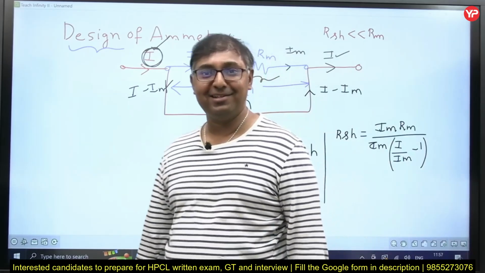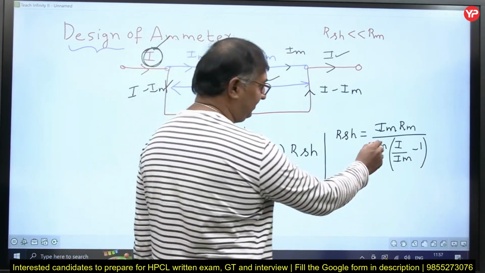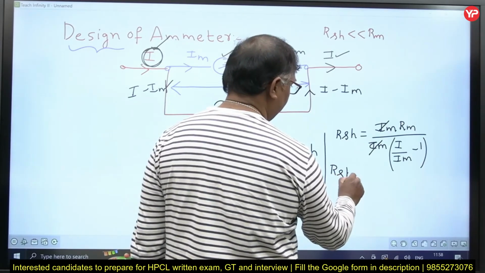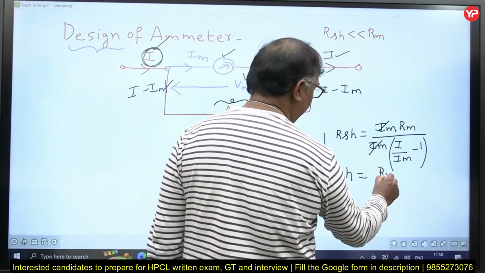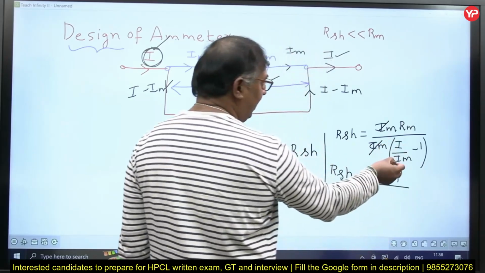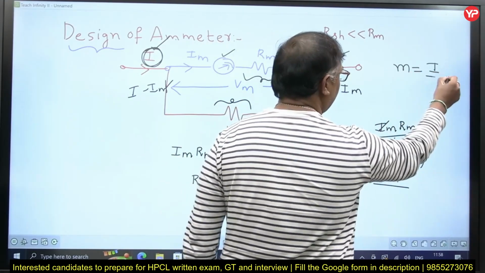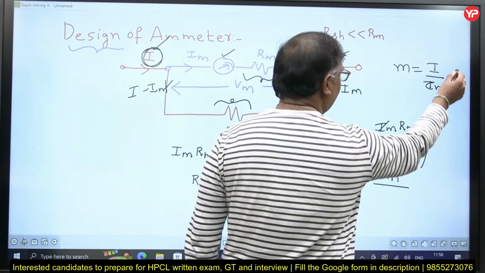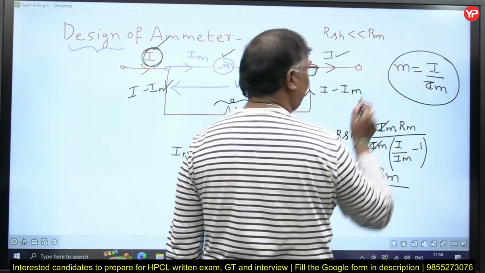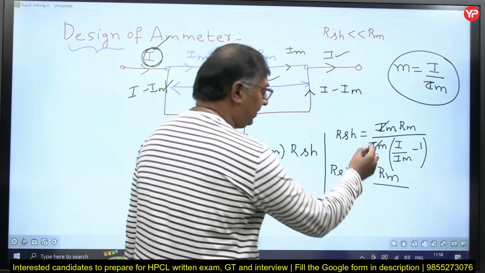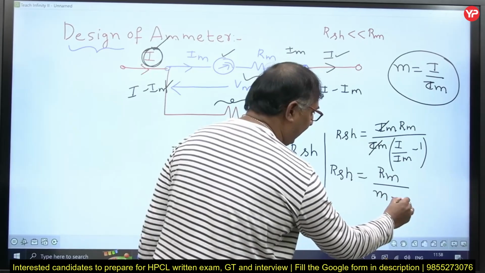IM gets cancelled. So RSH is RM by, and this I by IM we call M, the multiplication factor. Further, I write this as M minus 1.